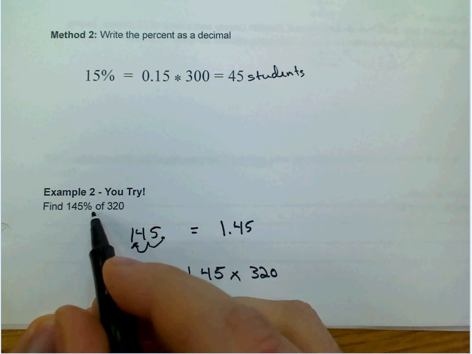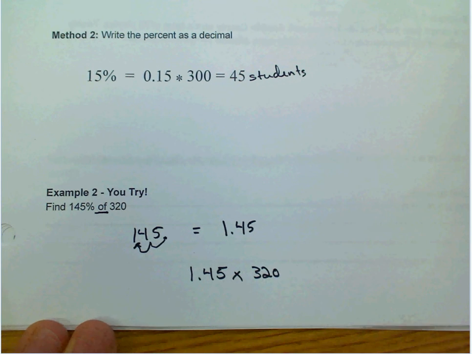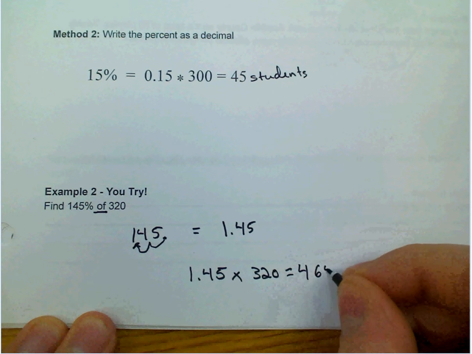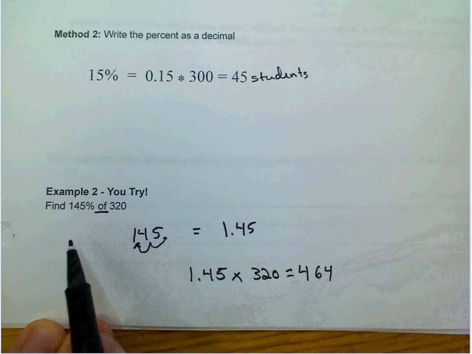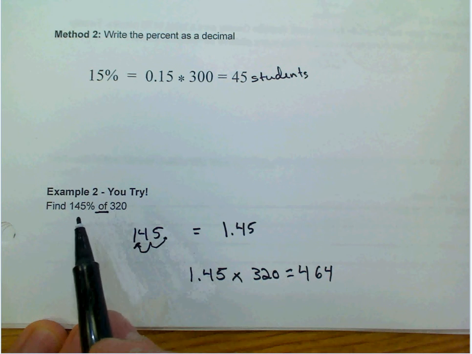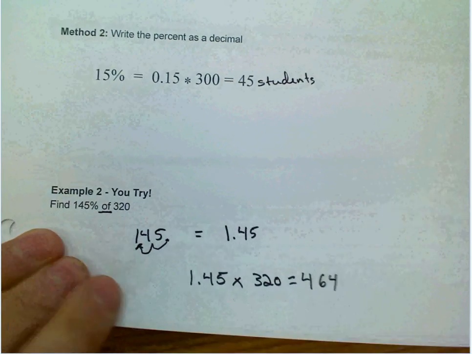We multiply because of this "of" here. Of means multiplication. So we get 464 as our answer. Because we have 145%, that means that we have more than the original amount, not less, more. So it's 1.45.